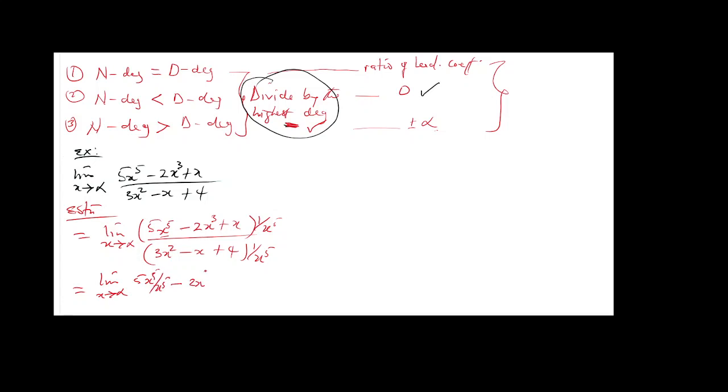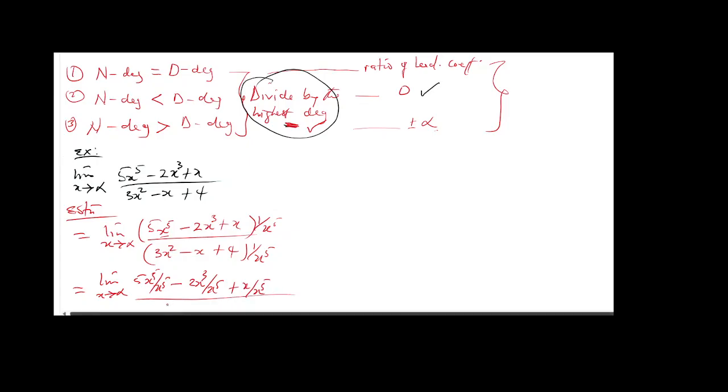Minus 2x cubed all over x to the power of 5 plus x all over x to the power of 5, all over the same thing we have here, 3x squared all over x to the power of 5 minus x all over x to the power of 5 plus 4 all over x to the power of 5. And if we continue to evaluate this, we see that this will cancel out this.